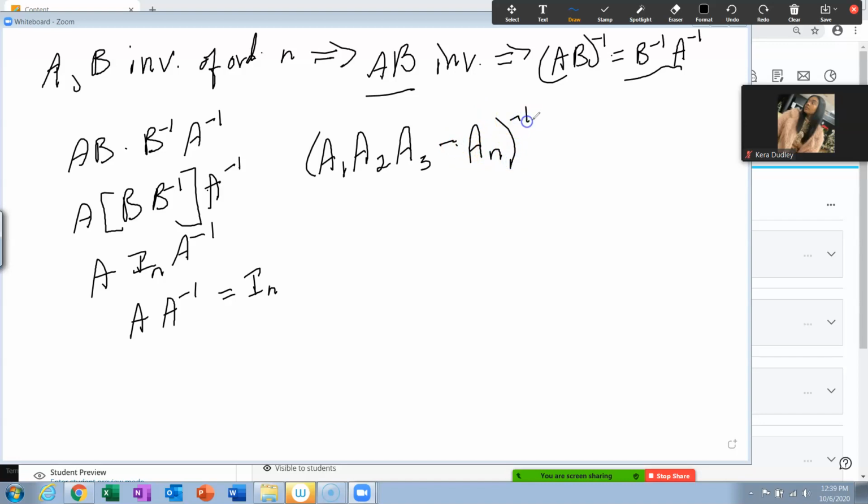Well, what's their inverse? The theorem, if you expand it, would say that's A n inverse times A n minus 1 inverse times A n minus 2 inverse, down to A sub 3 inverse, A sub 2 inverse, times A sub 1 inverse.